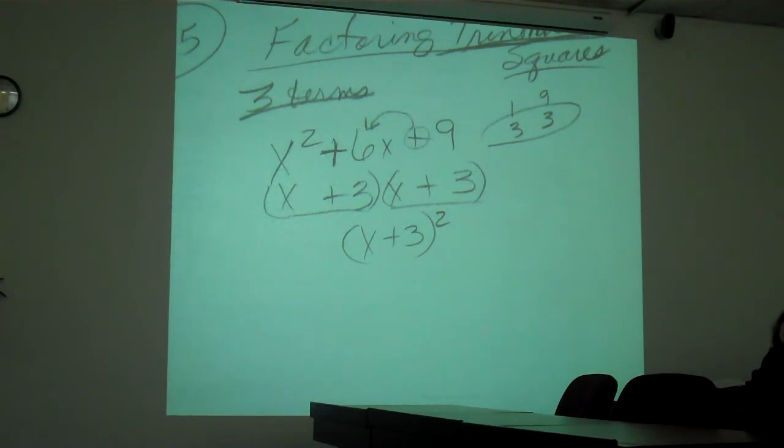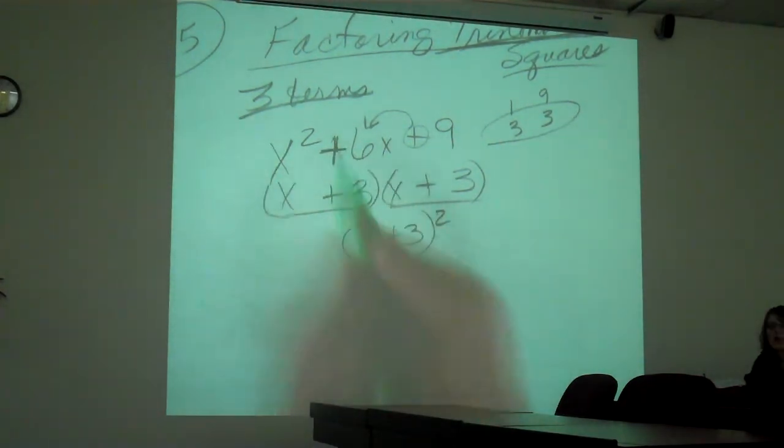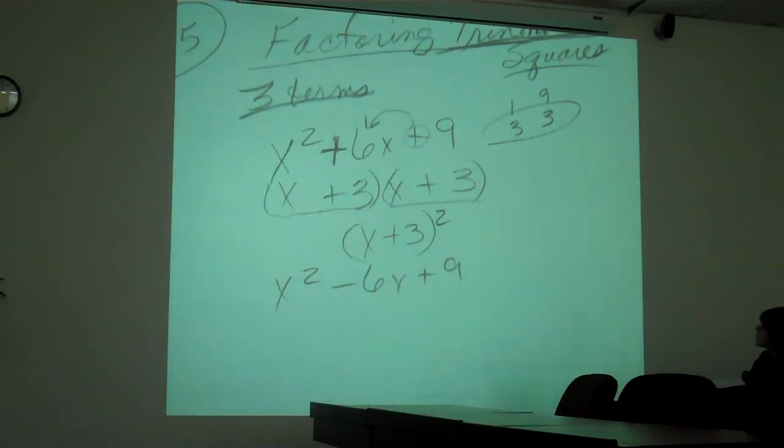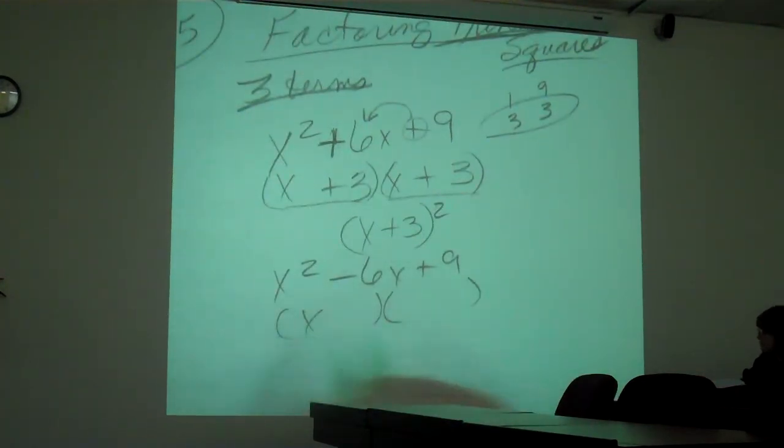They won't be two different terms. It'll be the same term done twice. It may have a minus also. It could be x squared minus 6x plus 9. You're still going to use the x's and the 3's, but since there is a negative 6x in the middle, they're both going to be negatives.